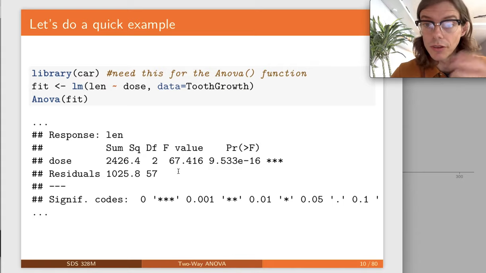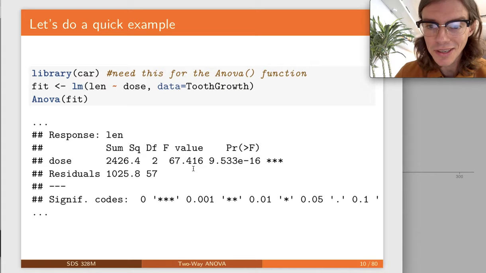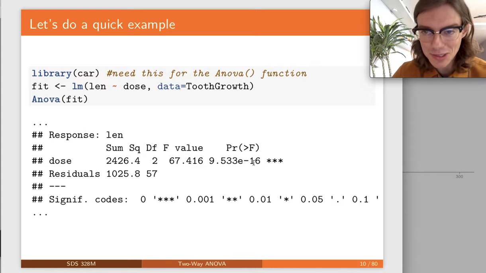If you take the ratio of the former to the latter, you end up with a big old F statistic, 67, and a p-value that's vanishingly small, right? That's effectively zero, which is telling you what? If the null hypothesis were true, the probability we would get an F statistic that big is almost unheard of, right? It would be very, very, very weird. So chances are the null hypothesis isn't true.